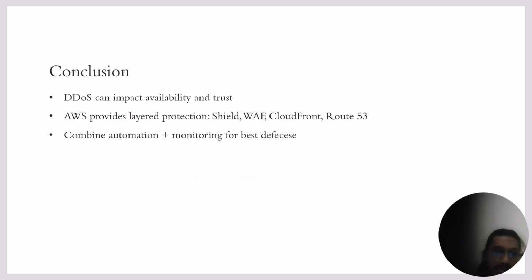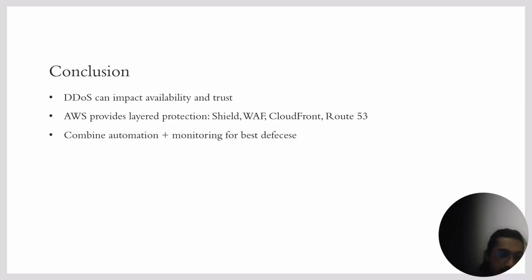In conclusion, DDoS attacks remain a major threat to modern cloud environments. However, AWS provides multi-layered protection through services like Shield, WAF, CloudFront, Route 53, all working together to absorb and mitigate attacks automatically.